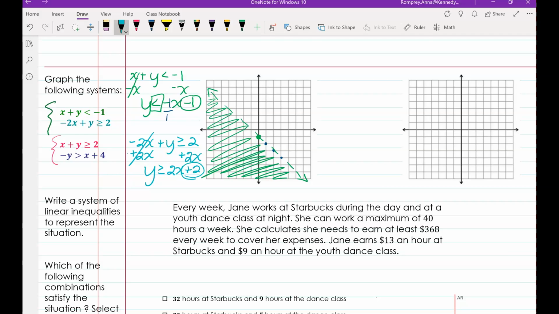So I've got a +2, start there. So my y-axis at +2. And my slope is 2, but I need rise over run. So what can I put it over that won't change it? 1. So I'm going to rise 2, so up 2 and right 1. Up 2, right 1, out of room. I'm going to go the opposite way. Okay, and this is greater than or equal to. So I have a nice solid line.